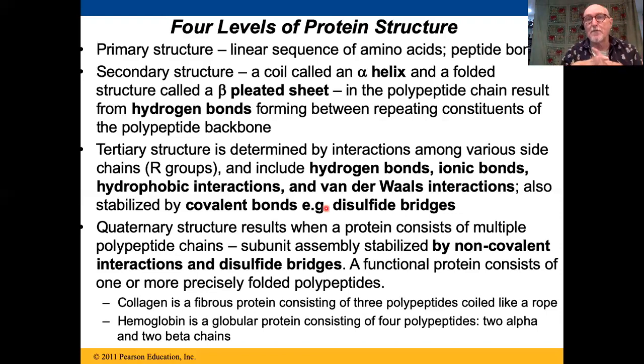We've talked already about collagen, for example, which is another protein with quaternary structure. It's 3 polypeptides that are wrapped around one another to form these very strong fibrils. Hemoglobin, I've already told you, is 4 polypeptides, 2 alpha and 2 beta. And there are many others that have quaternary structure.